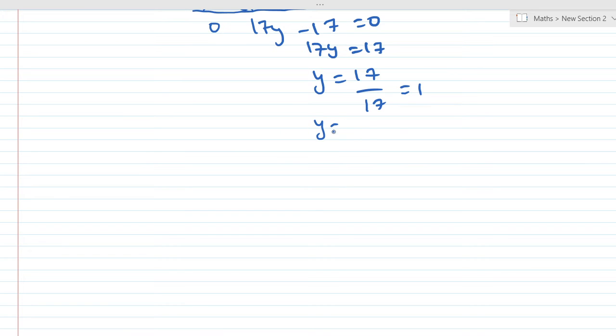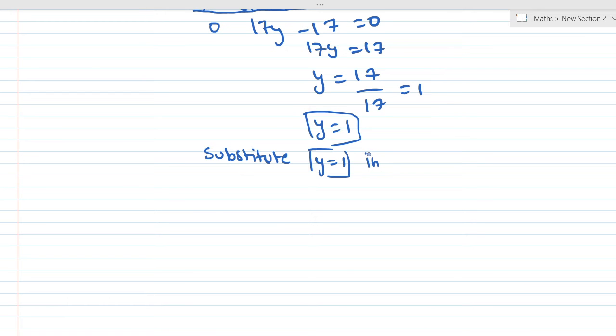So the y value will be 1. To find the x value, you have to substitute y equals 1 in any equation.